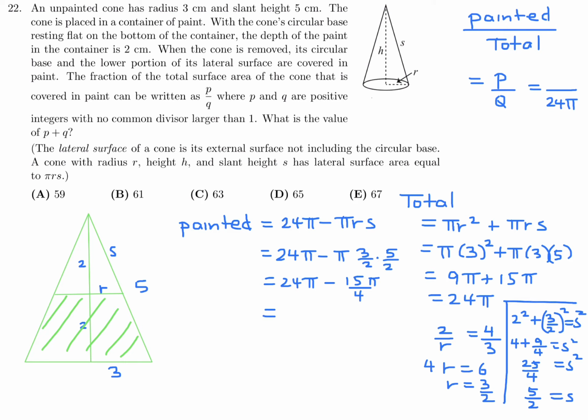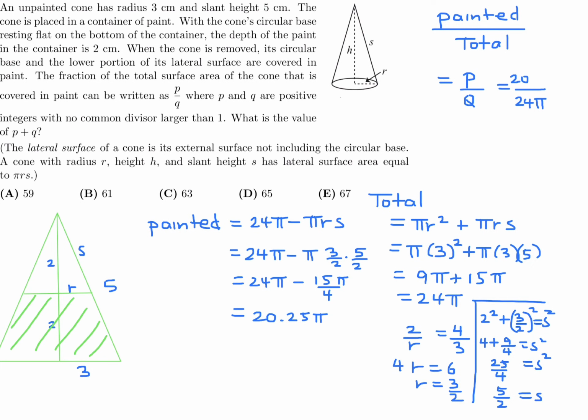And therefore, if I do that math, that is approximately 20.25. I know I'm mixing fractions with decimals, but that's okay. All right, so that's the painted part. So the painted part is 20.25 pi. And then the pi's cancel, and then you just get 20.25.